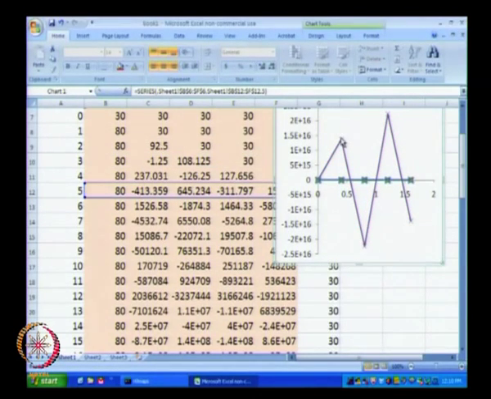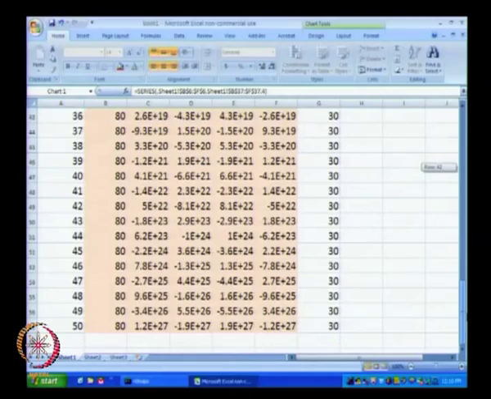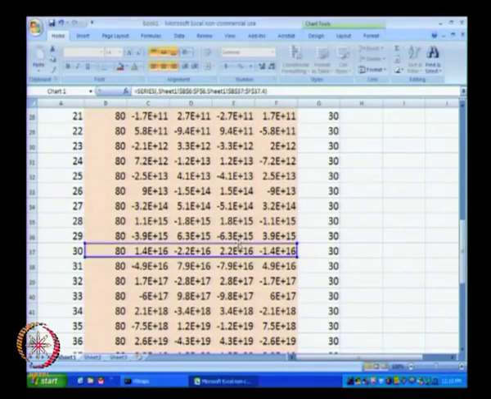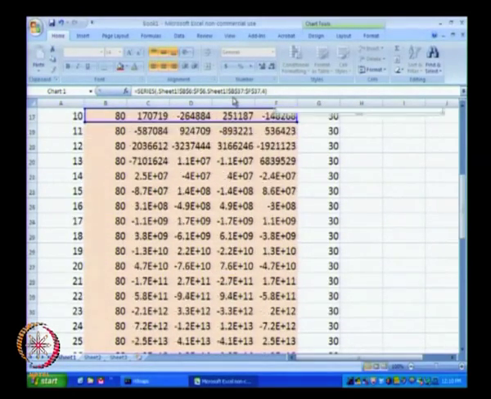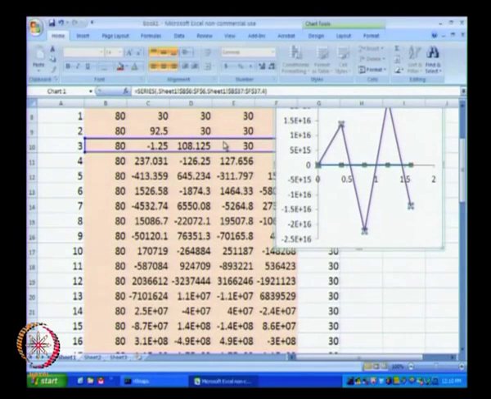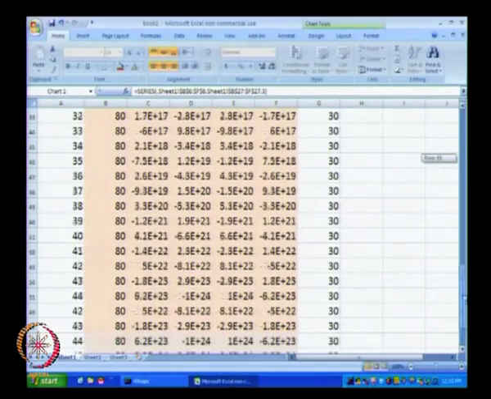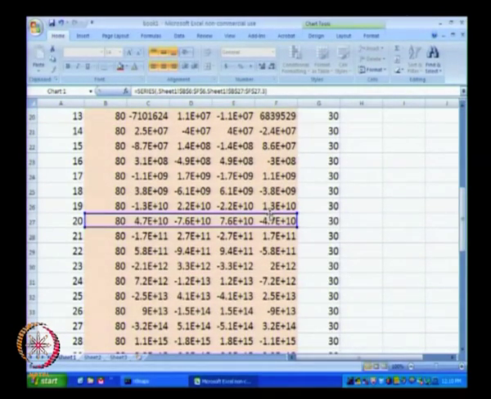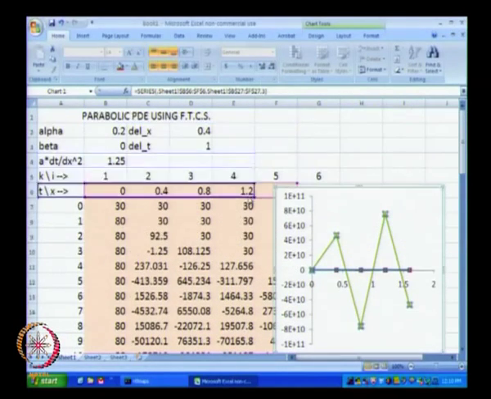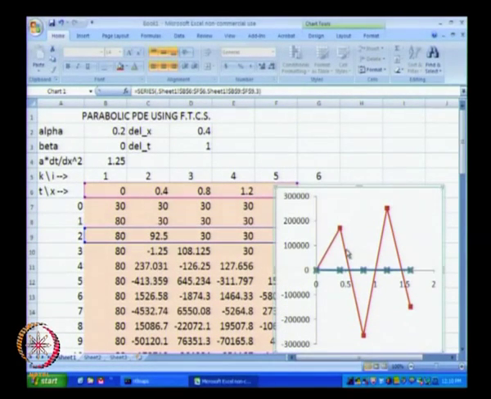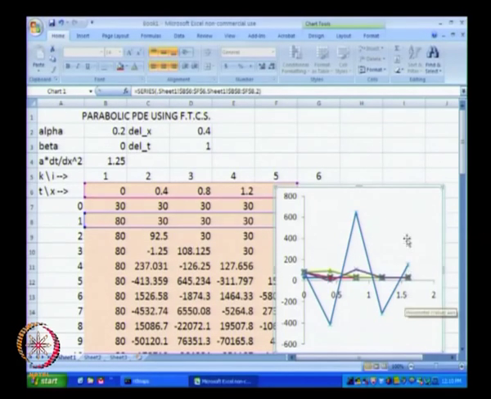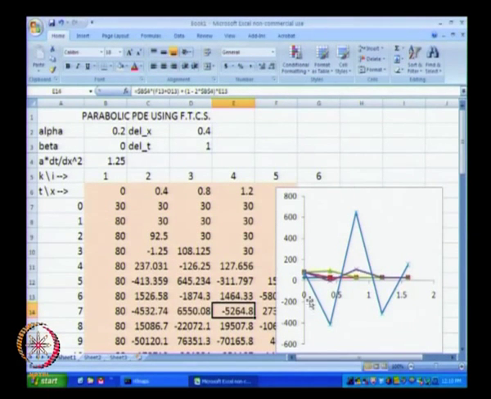So, this is the data at 5, this is going to be the data at the end of 3 minutes, this is going to be the data at the end of 2 minutes, and the data at the end of 1 minute, and this is the initial data. Okay. So, this is what we get.